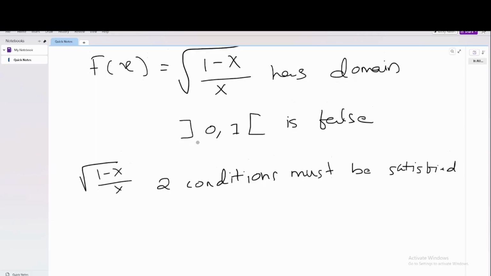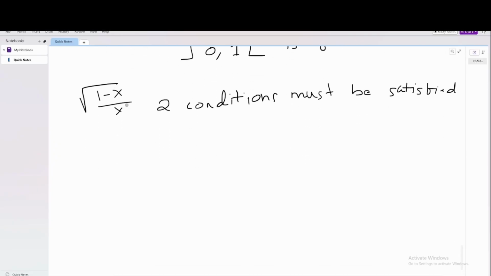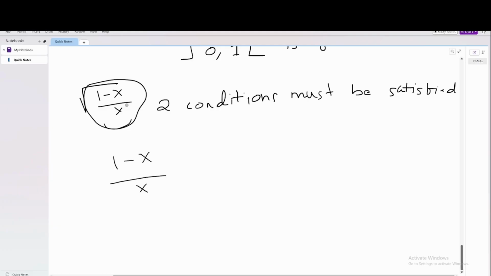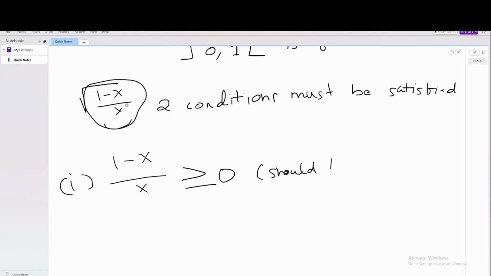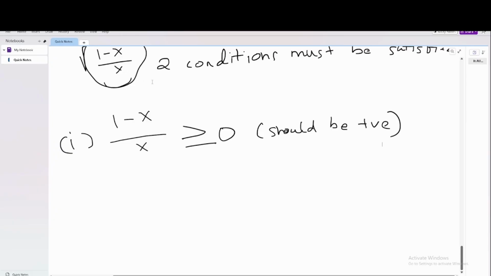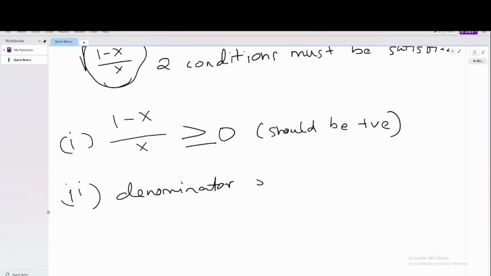The value inside the root, (1 minus x) by x, should be greater than or equal to 0, that is, positive, and the denominator x should not be 0.